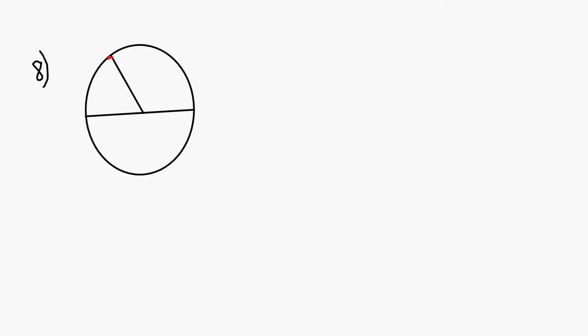What they're asking you to do is find the area of this piece right here. They're telling you that the central angle is 110 degrees, and they're giving you the diameter. The diameter is 6.4.